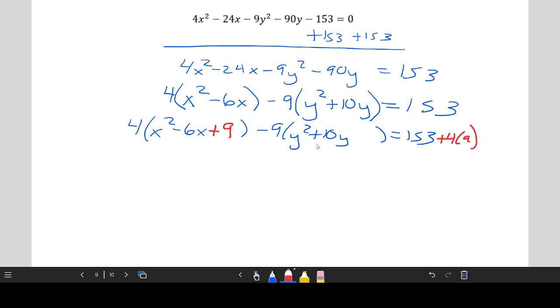And inside here, the middle term has a coefficient 10. Half of 10 is 5. 5 squared is 25. So we're going to be adding 25 here. But that 25 that we just added is going to get multiplied by negative 9. So on the right side we have to add negative 9 times 25.